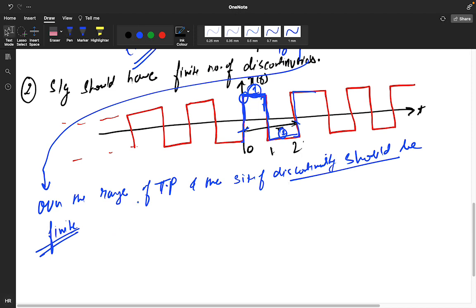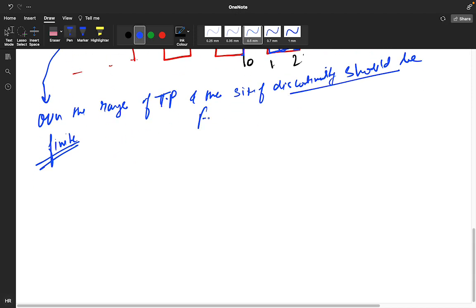Then the Fourier series expansion is possible.